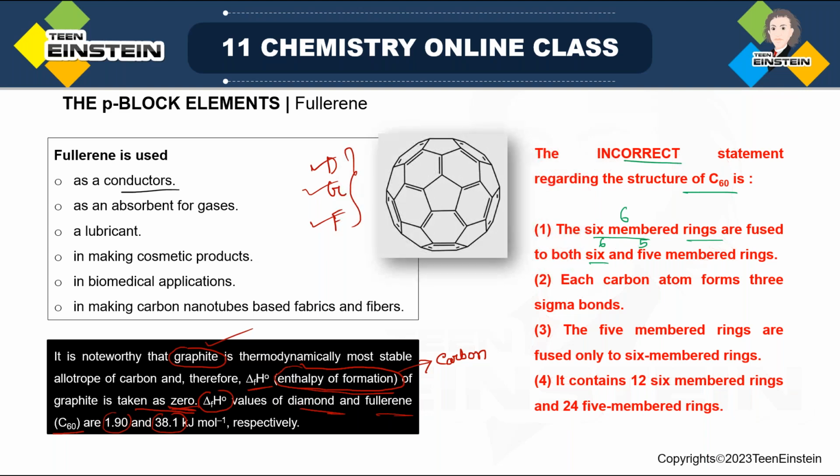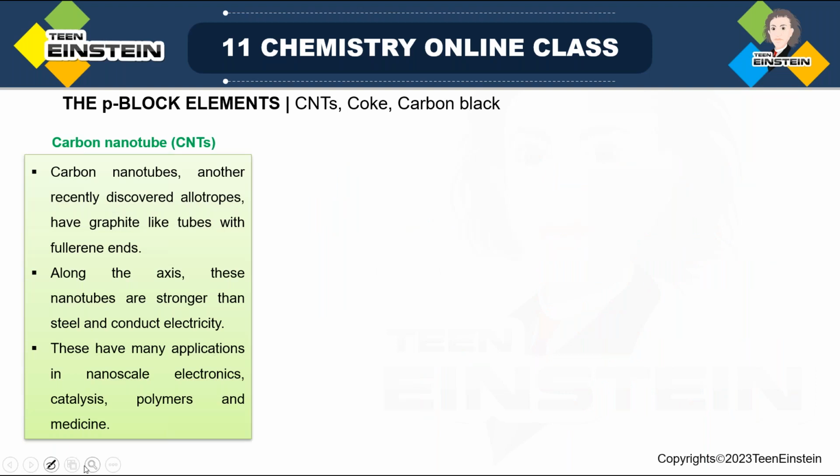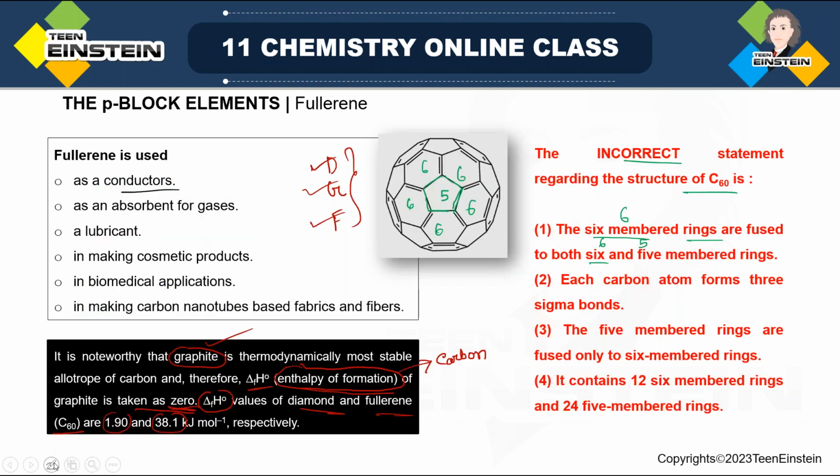Now here we have this structure. Look at this structure very carefully. This is a 5-membered ring, right? Surrounding the 5-membered ring, there are only 6-membered rings, isn't it? Now I'm just focusing on 6-membered rings. So this is a 6-membered ring, right?